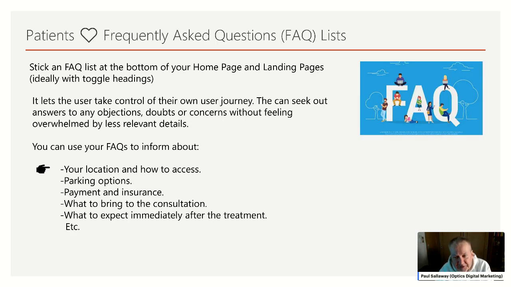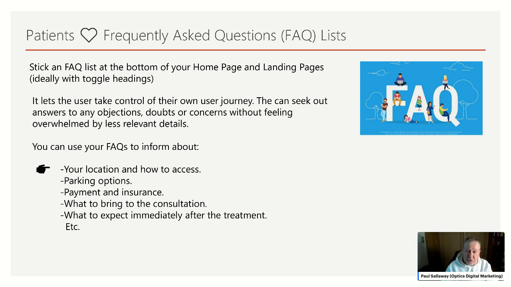Now, just another tip: frequently asked questions. Patients love frequently asked question lists. So at the bottom of your homepage, at the bottom of your landing pages, don't be afraid to stick a list of FAQs, and ideally have toggle headings. So you know what I mean. If somebody clicks on the question, then the answer pops out below it.